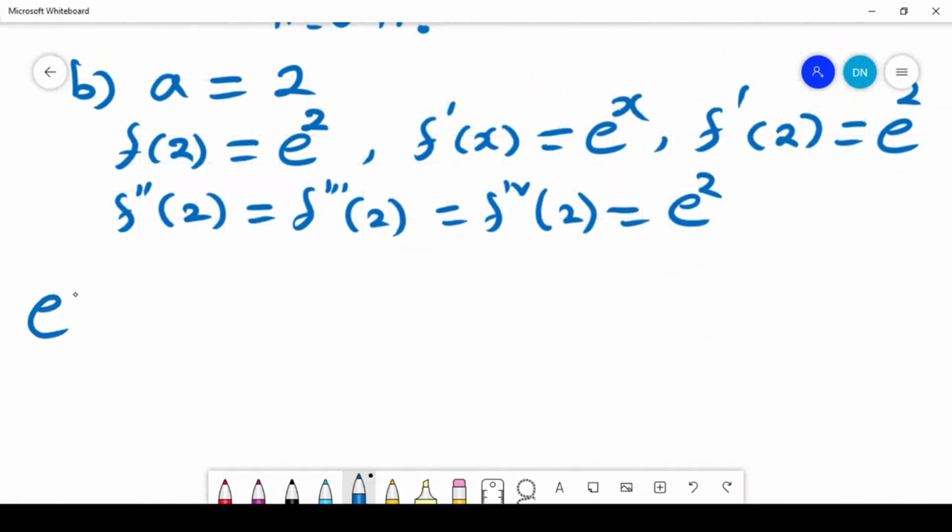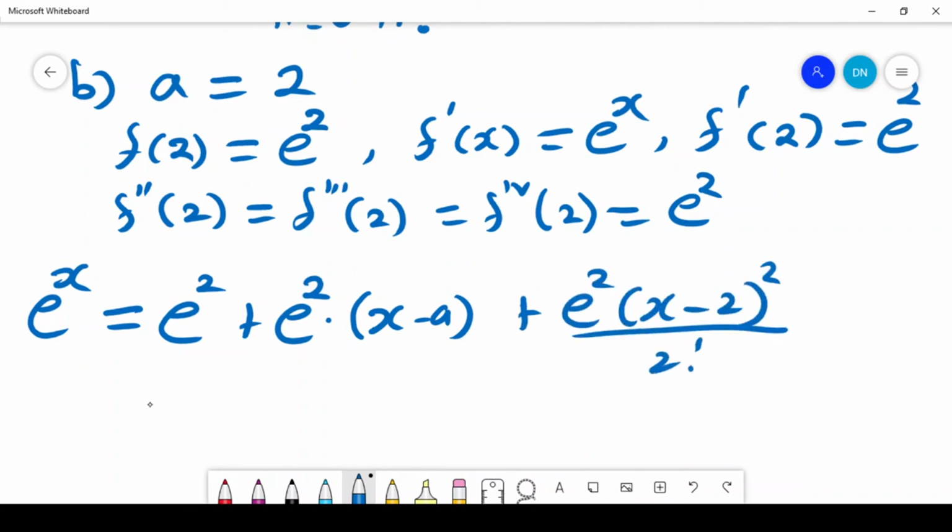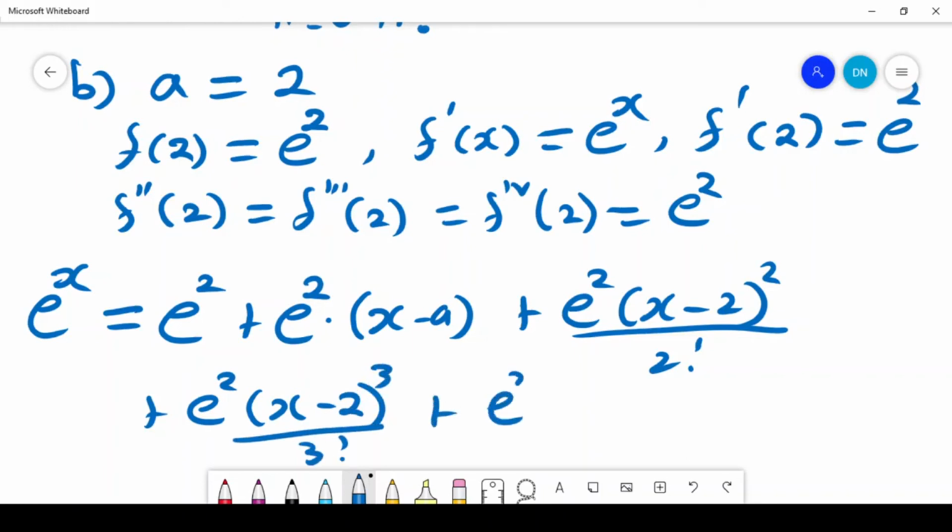And therefore my e to the x at a equal to 2 would have been f of a, then plus f prime times x minus a, plus e squared times x minus a squared over 2 factorial, plus e squared times x minus 2, which is a is 2, cubed over 3 factorial, then plus e squared times x minus a, which is 2, raised to power 4 over 4 factorial. And those are my first 5 terms again.